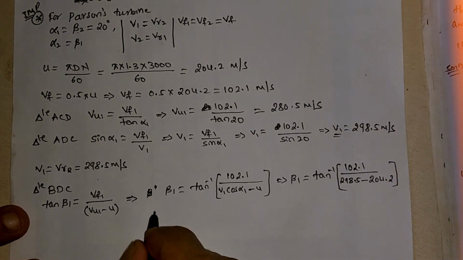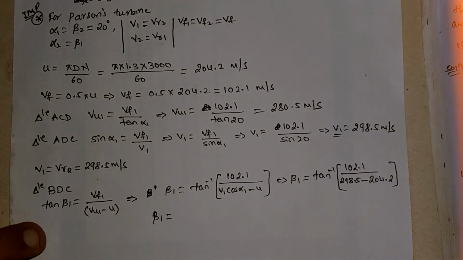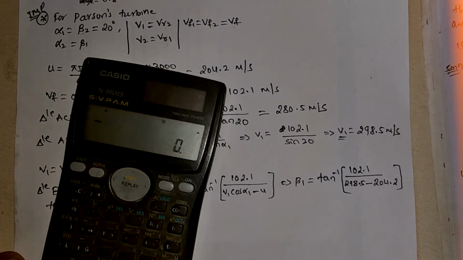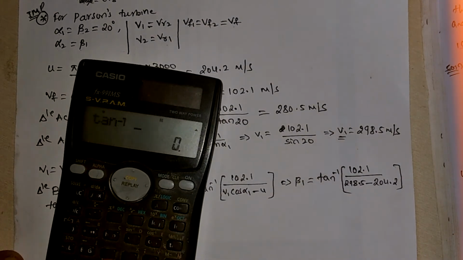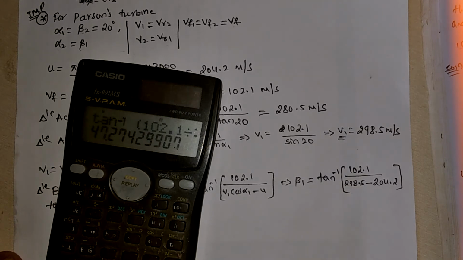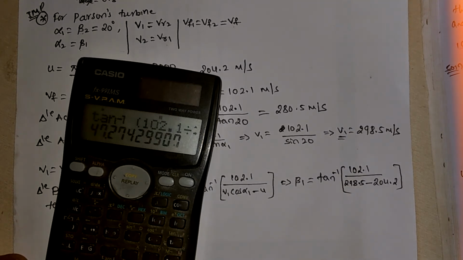So now I can calculate beta 1: tan inverse of 102.1 divided by 298.5 minus 204.2.